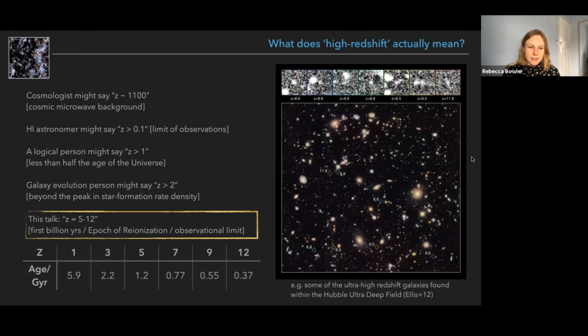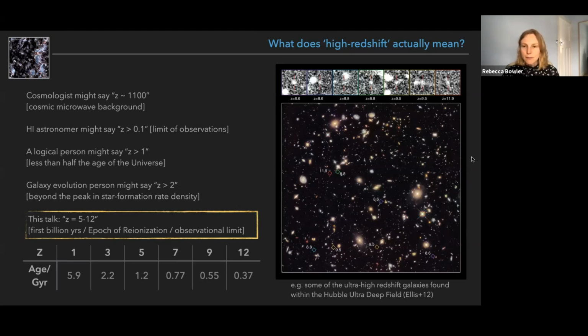The reason for this is that it corresponds to around the first billion years of the lifetime of the universe. It also overlaps with the epoch of reionization, which is a really fundamental time in the evolution of the universe. And the redshift 12 upper limit is really a bit arbitrary. It could certainly go higher.